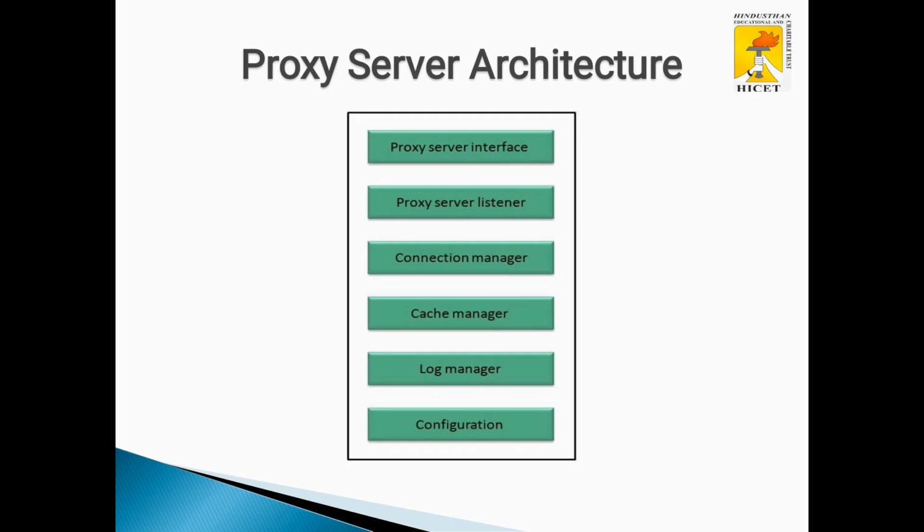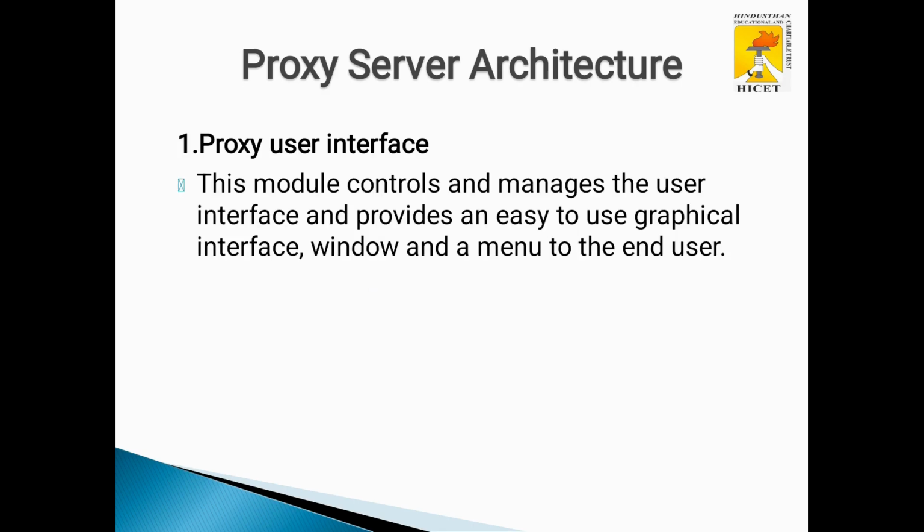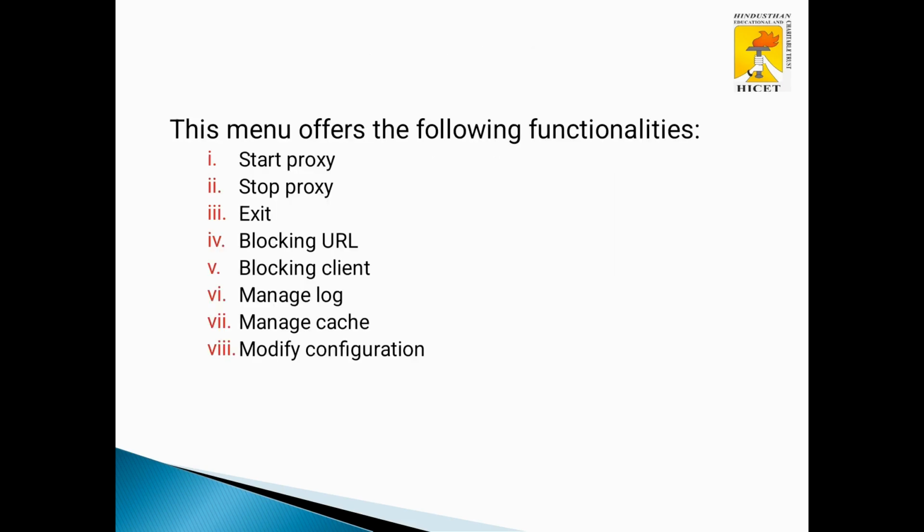This module controls and manages the user interface and provides an easy to use graphical interface window and a menu to the end user. The menu offers the following functionalities: start proxy, stop proxy, exit, blocking URL, blocking client, manage log, manage cache, and modifying the configuration.